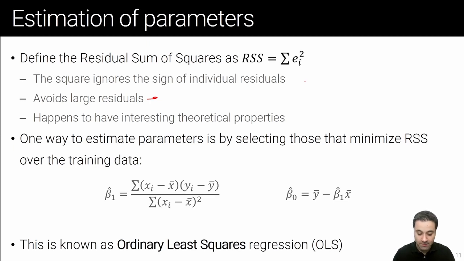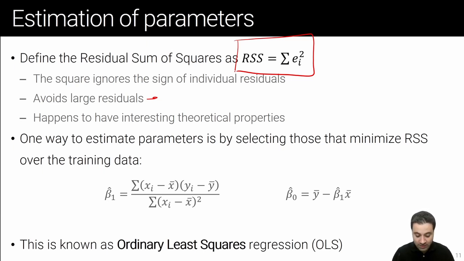But the point is that, in principle, we could choose the model that minimizes the residual sum of squares. So we want to choose the beta 0 and beta 1 such that the residual sum of squares they produce is the minimal that we can possibly have with the data we have. And again, assuming a linear relationship. So it's about choosing the two coefficients that minimize this quantity.